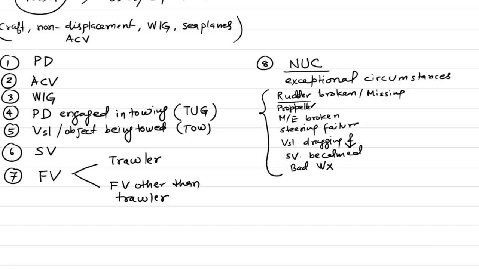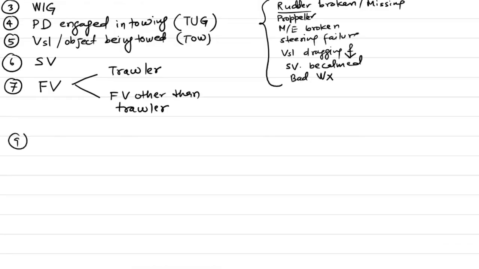Then number 9 will come here, and that is RAM. Can you tell me what is RAM? So it's restricted in ability to maneuver. So what is the definition?